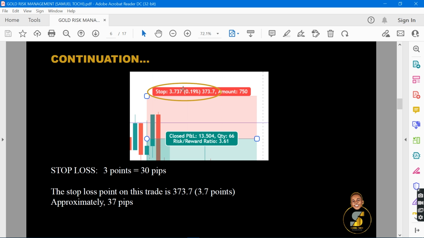So here you see 3.7 points, and the main pips here is 37 pips. So the stop loss on this trade is 3.7 points, which is approximately 37 pips.